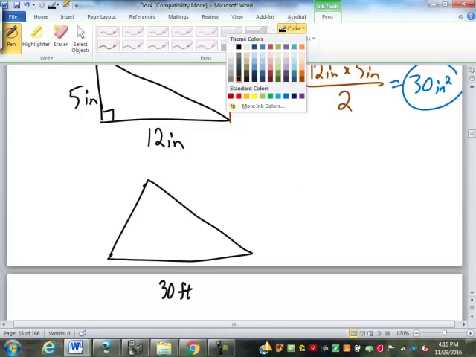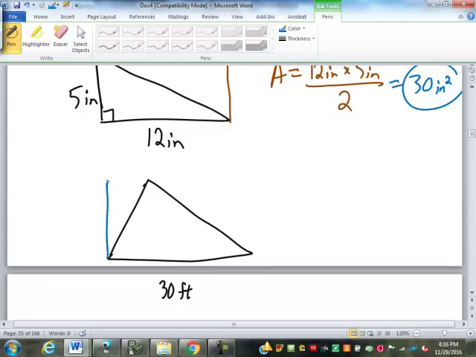What we need to know off of this now is not any of the other sides, but we need to know what would be the width of that related rectangle. The 30 is going to be the length. The width, however, is this distance here. And to find that on the triangle, it would be the distance from my base of 30 feet to the furthest point on the triangle. In other words, the opposite vertex.